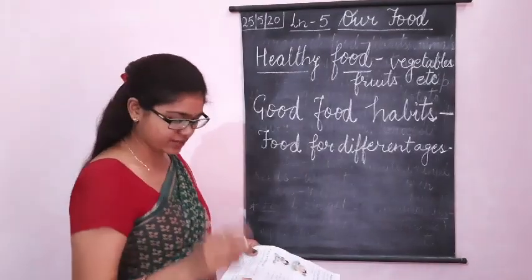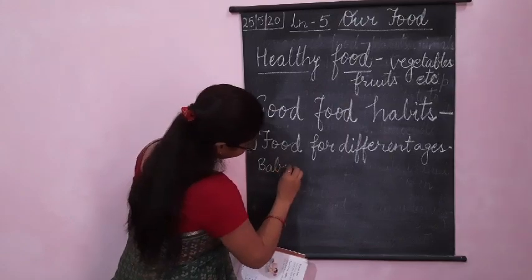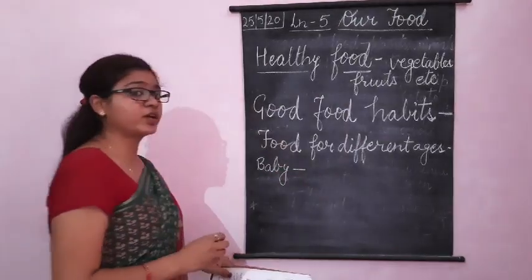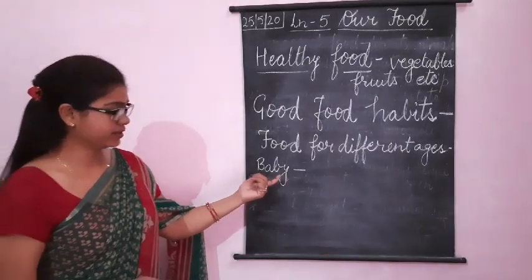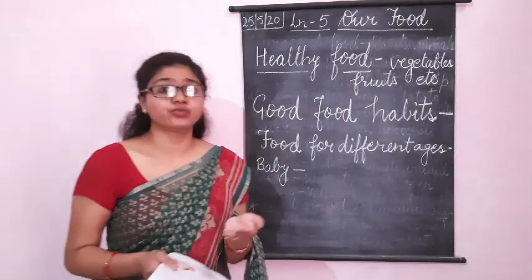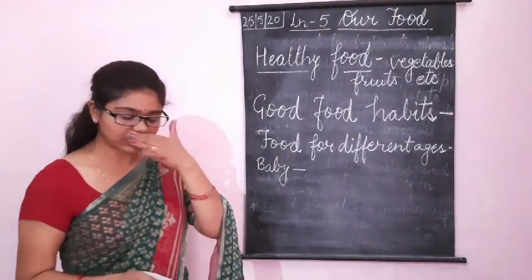The first age. What will be the first age? Baby. What is good for a baby? What will a small baby, 1 month, 2 month old, eat? Grapes? Yes. No.